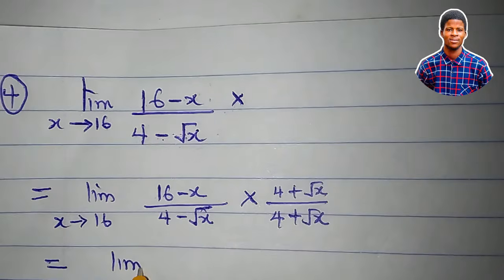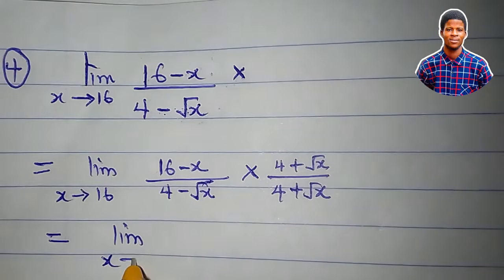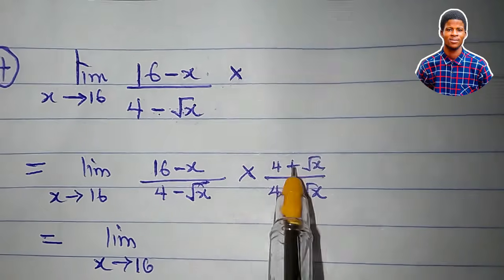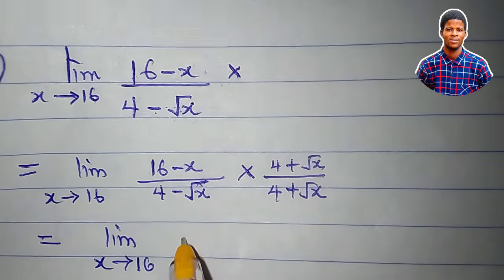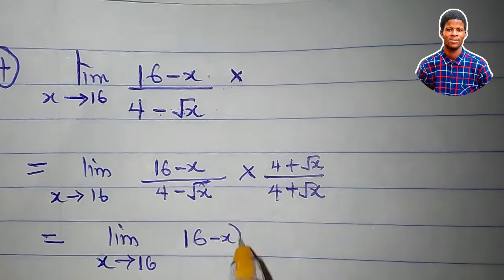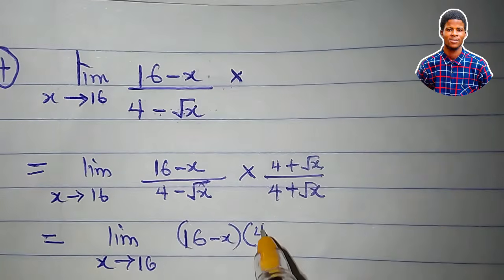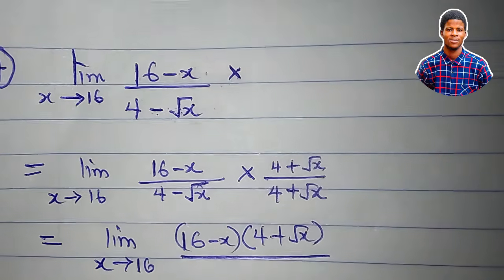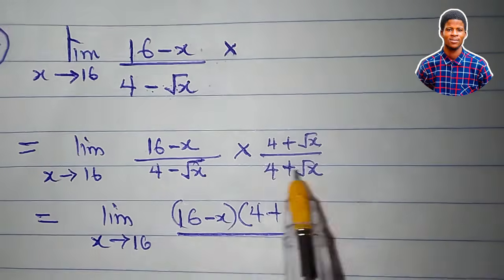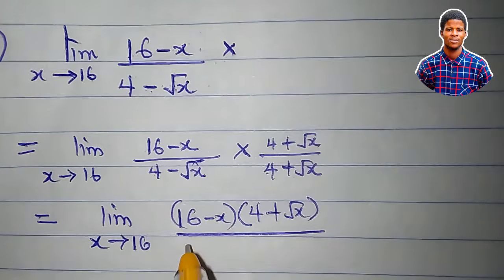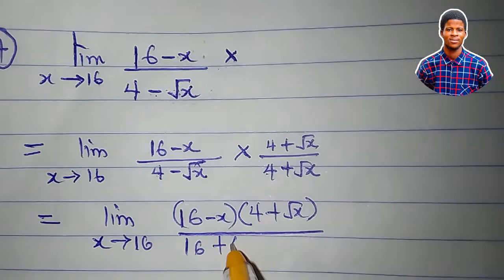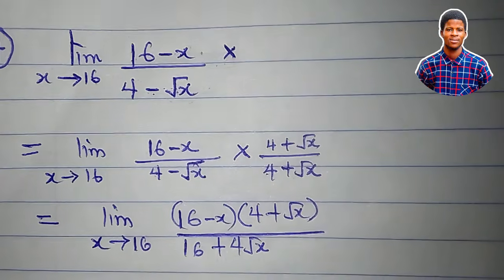Alright, let's go ahead. So we have the limit as x approaches 16 of, multiplying these two in form of bracket, 16 minus x times 4 plus root x, all over, let's expand this. 4 times 4, 16. 4 times root x, 4 root x.